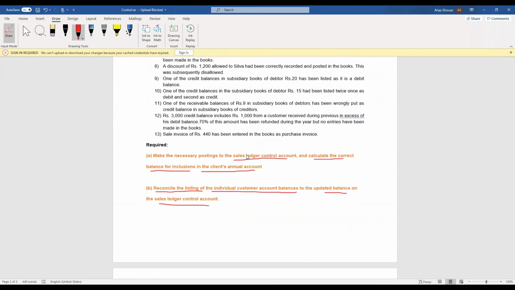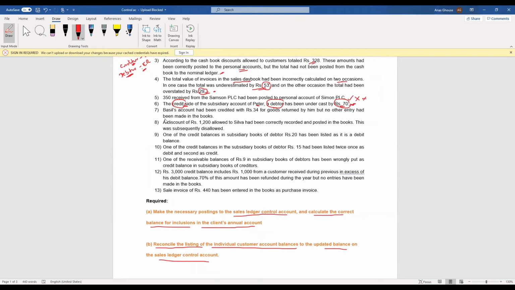Then point number 7. Basil's account had been credited with 34 for goods returned by him. Okay, so Basil is a customer. He had been credited with 34 for goods returned by him, but no other entry had been made in the books. So what has happened?